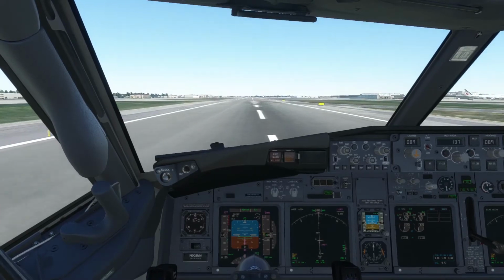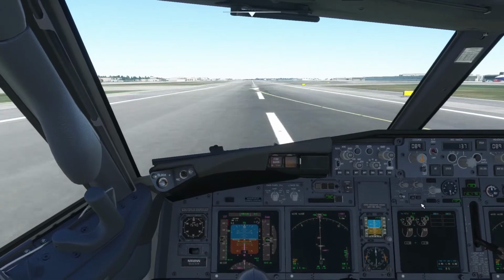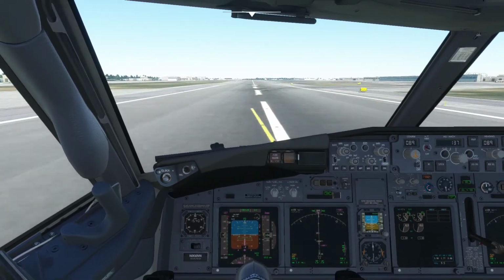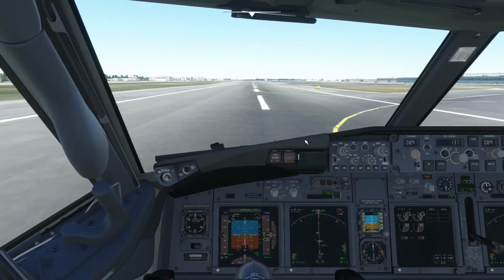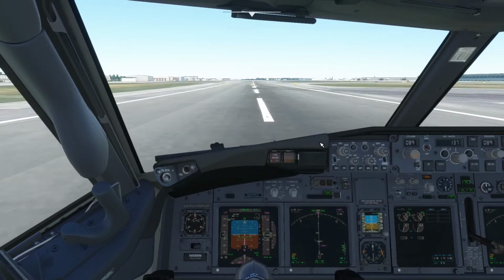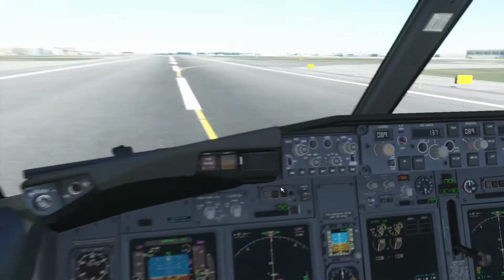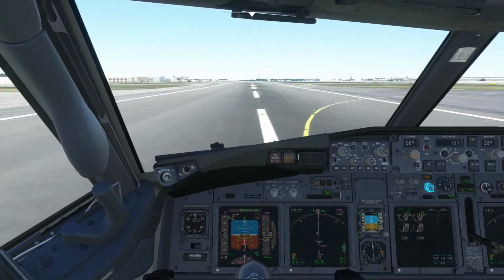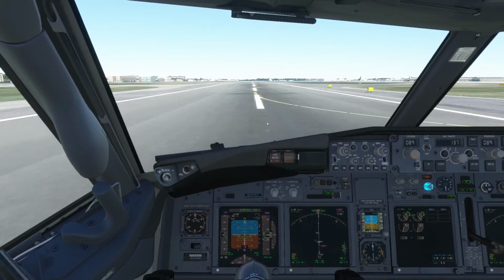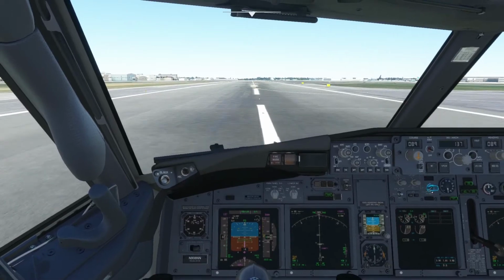We're going to put reverse thrust on. Let the plane's nose drop down. And then we can begin to brake. Normally we'd set auto brake, which is what I'll do now. Okay, auto brake off.